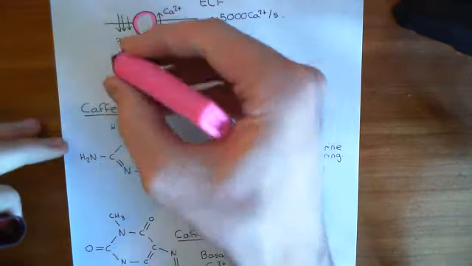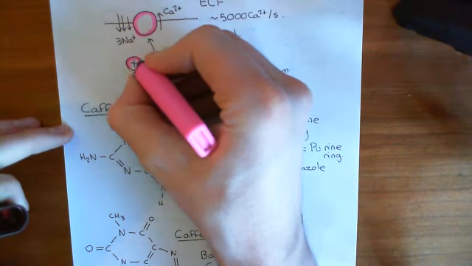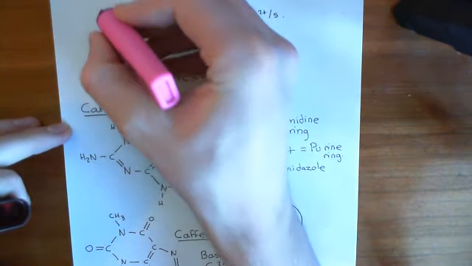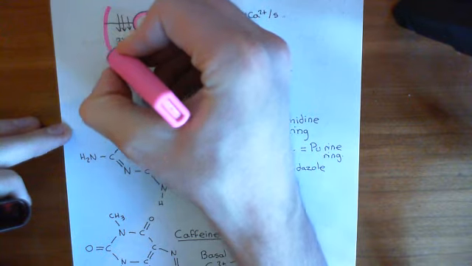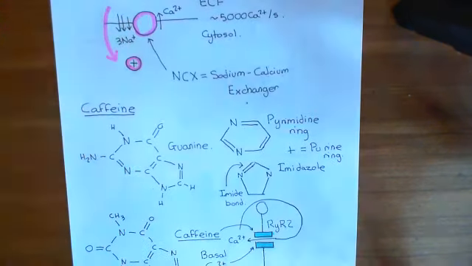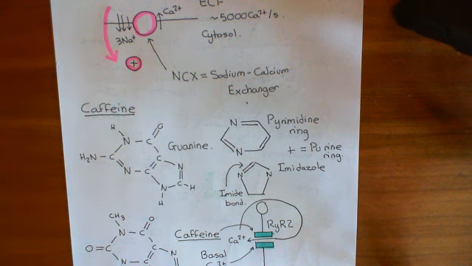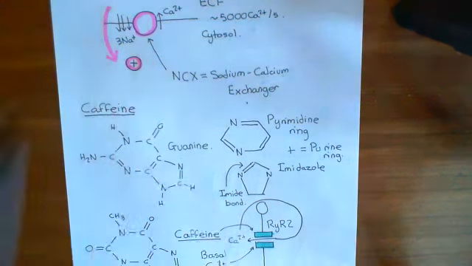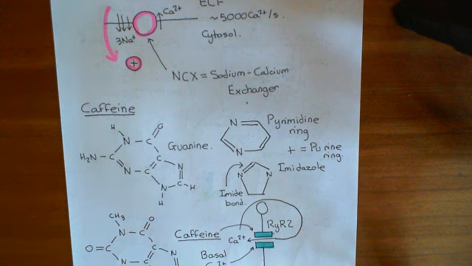So for every calcium ion that it pumps out, it's moving a single positive charge across the membrane. So we can measure this current, basically. Okay, and by measuring the size of the current across the membrane from these NCX channels, we can then determine how much calcium there must be in the cytoplasm of the cell that has to be extruded. So from that we can measure how much calcium came out of the SR when we stimulated with caffeine.